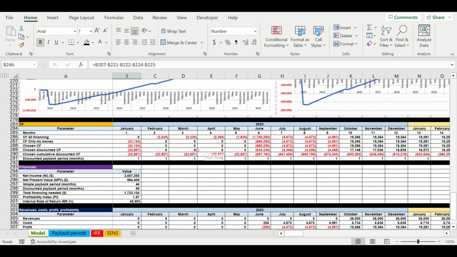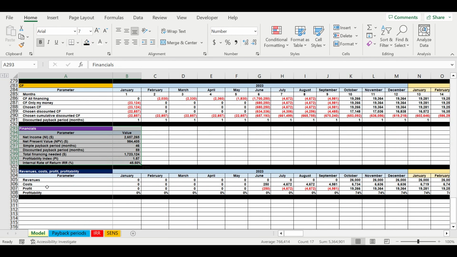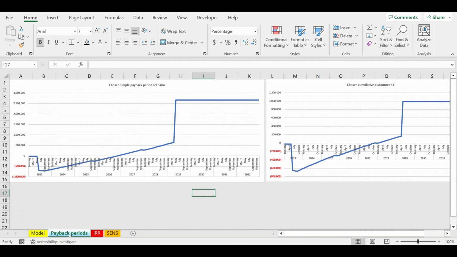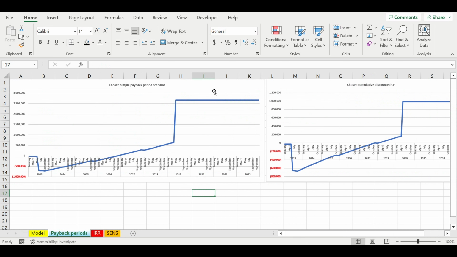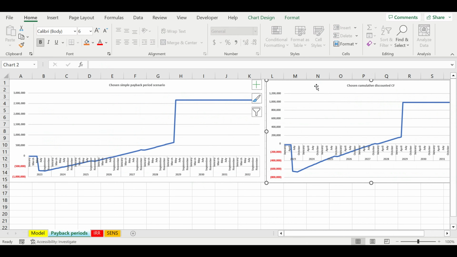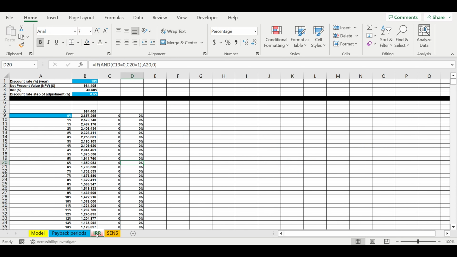Here they are. Then we get main financial parameters, and here is a very simple table where you can see the revenues totals, expenses totals, monthly profit, and monthly profitability of your business idea. Then here we can see simple and discounted payback period of your scenario that you've created.